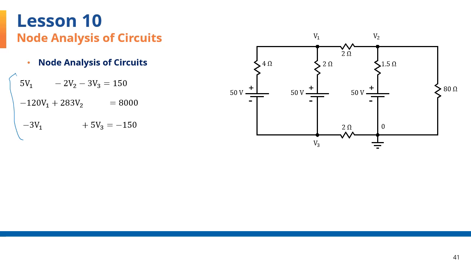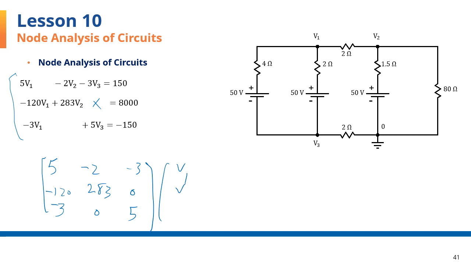I have used the Excel sheet, and to do that I have formed the matrix of the coefficients: 5, -2, -3, -120, 283, and 0 because this term is missing, -3, 0, and 5, and multiplying that matrix by the vector V1, V2, V3 should produce 150, 8,000, and -150.